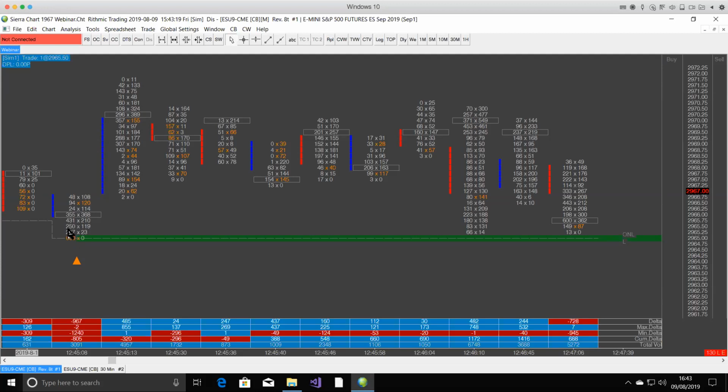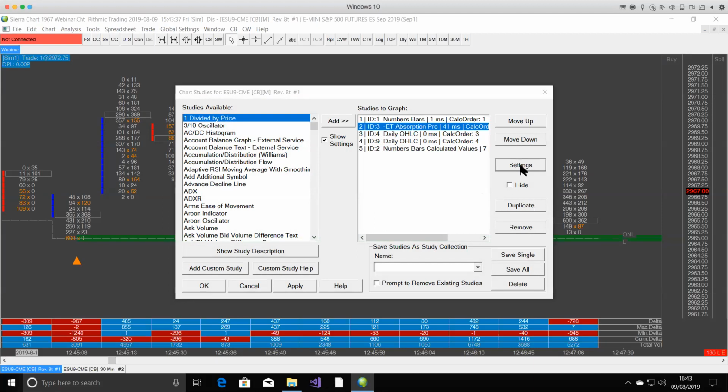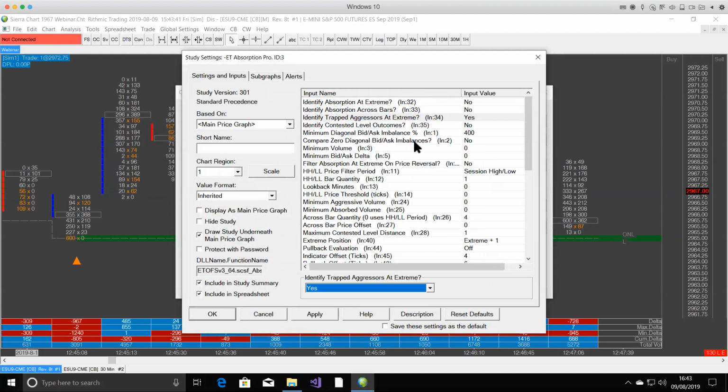I care about somebody who's sold at the bottom. We've traded away from it. Yeah, that's why they're trapped. They probably puke. The 600 contracts get bought back. We move up. So that's our implementation of what was called trapped traders within version 3. We call it trapped aggressors at extremes. Very accurate name, trapped aggressive traders at the extremes above.